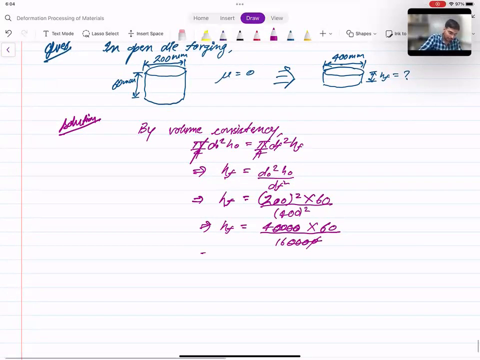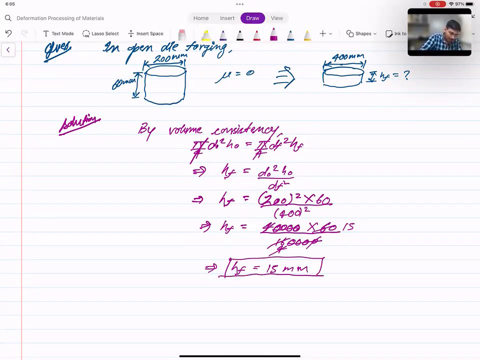Finally this comes out to be nothing but 4 times 15, so this is 15 mm. In this way, we can implement the volume consistency equation.